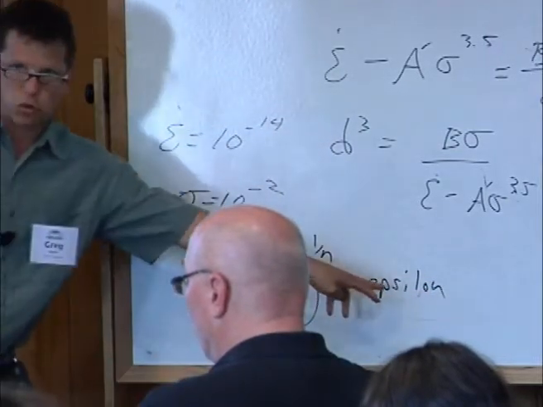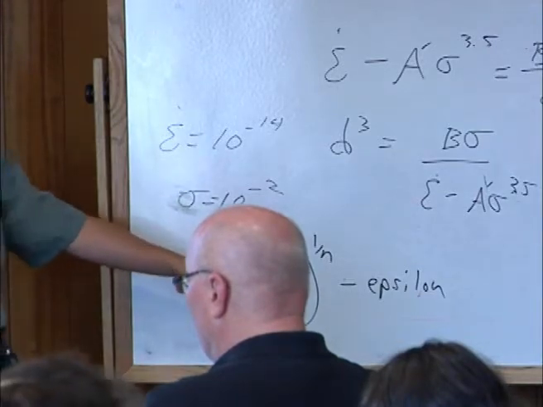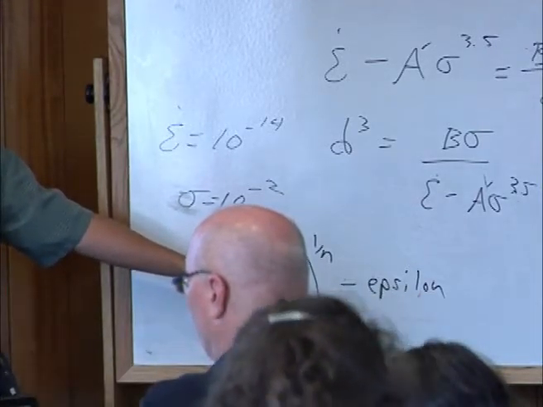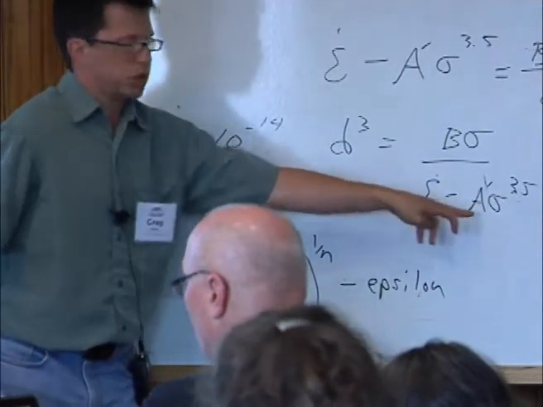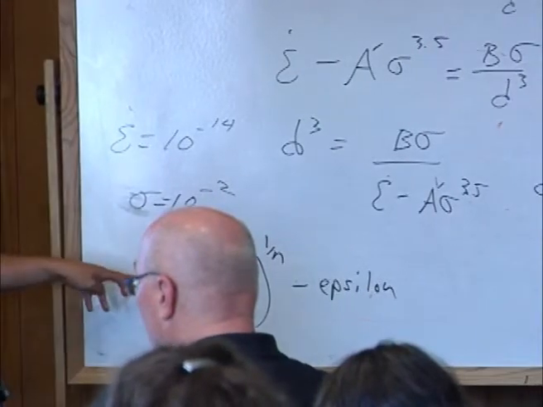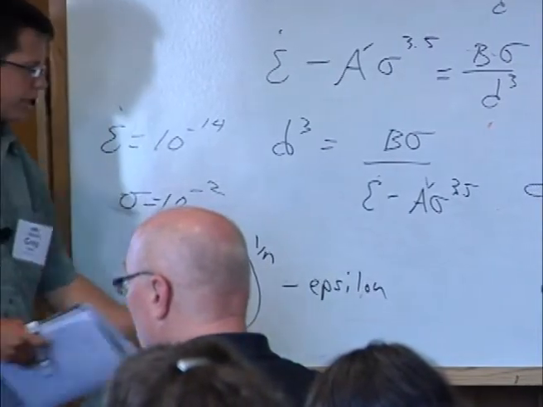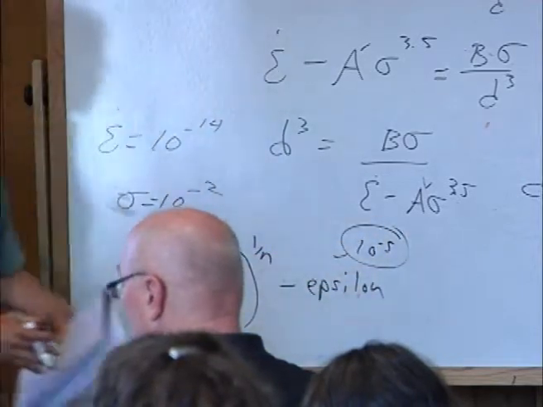So if I didn't subtract epsilon from this, then this sigma would equal the stress for dislocation creep. And if I plug that in there, this would be 0 and it would blow up. So what I want you to just do is do it from sigma equals that, and then make epsilon some really teeny number, like 10 to the minus 5 or something.